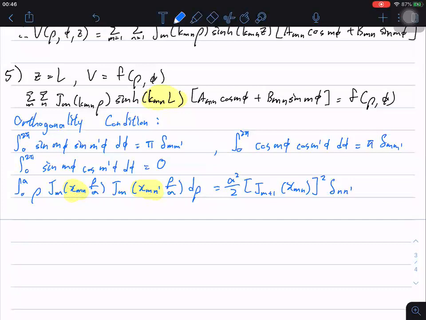So for this term, x_mn over a is actually the k we are using here.